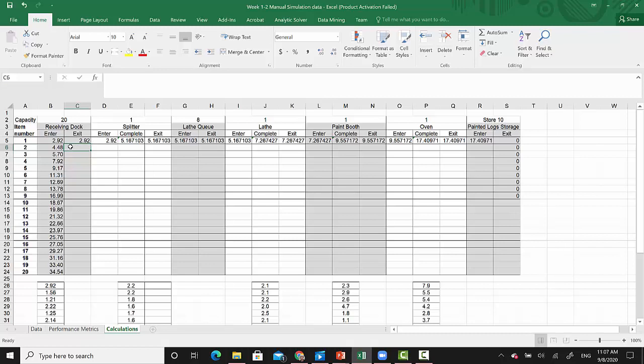So it is the maximum between its entering time and the exit time. And make sure you choose this exit time, not the complete time, okay? Because for some of the following items, the complete time and exit time will be different if their next location is blocked. They cannot exit as soon as they finish their work.